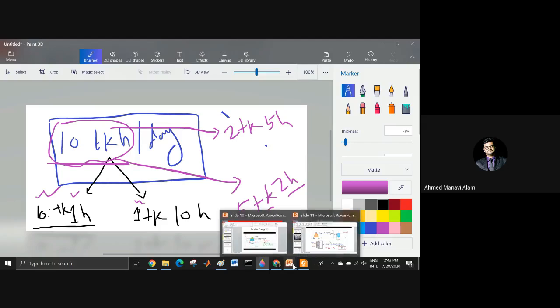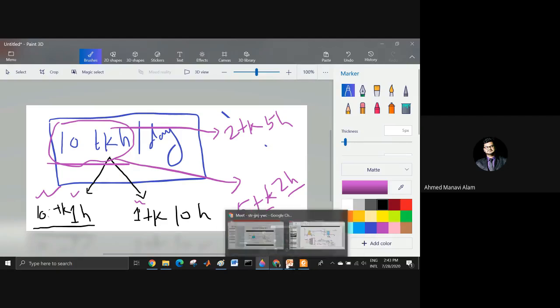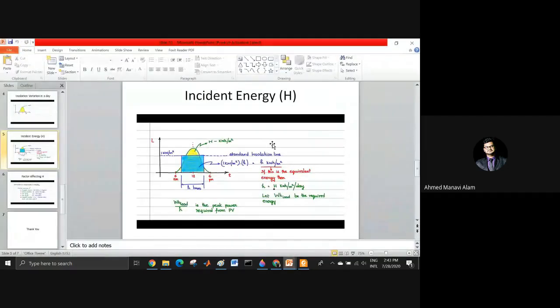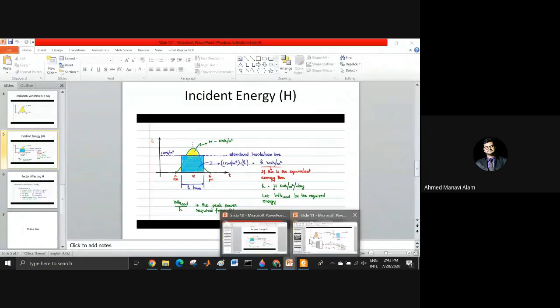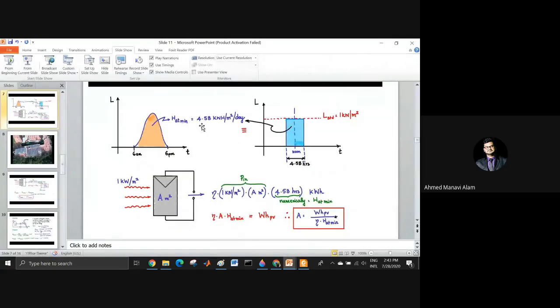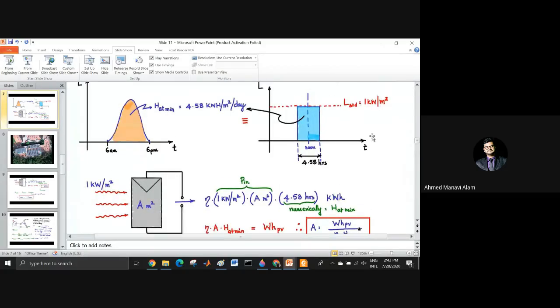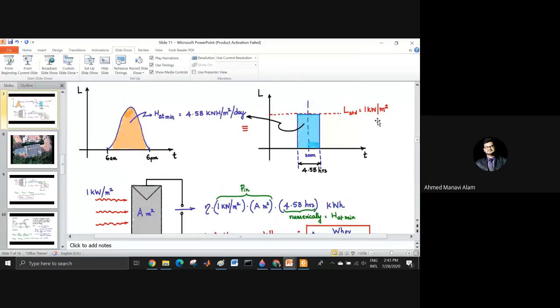So, sir, what does this mean? What have I understood? By understanding this, you have understood a big thing. My HET minimum is 4.58 kilowatt hour per meter square per day. So if you are taking the standard solar insolation as 1 kilowatt per meter square, that means in order to get 4.58, how much time do you have to conduct? 4.58 hours.